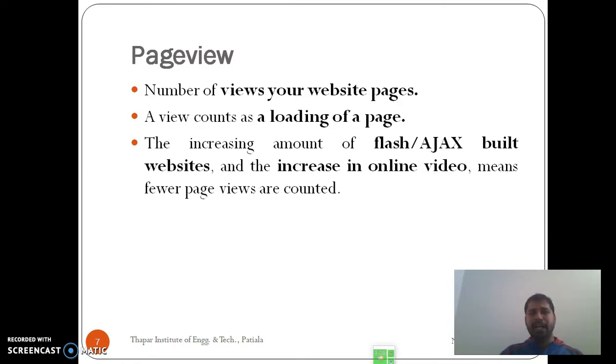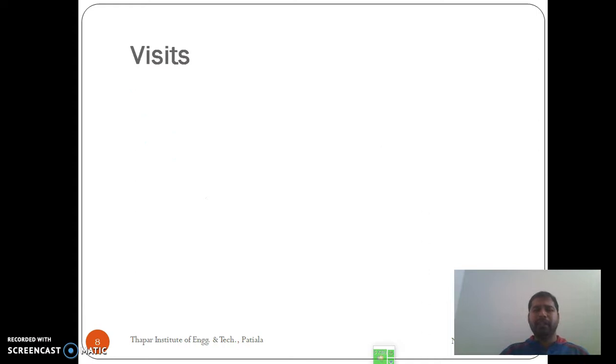But nowadays, as we are using Flash Player or Ajax to build websites, and most of the time we are using videos, these things decrease the page view count. Somehow this metric is still used to compute quality, so we can grade this metric as a B grade.